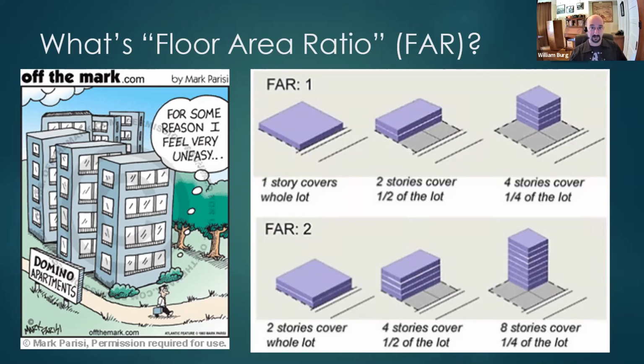The problem is that in addition to setbacks, you also have maximum heights. In the neighborhood areas, for the most part, that's 35 feet, whereas in a commercial neighborhood, or in the RMX area, that can go up to 85 feet.